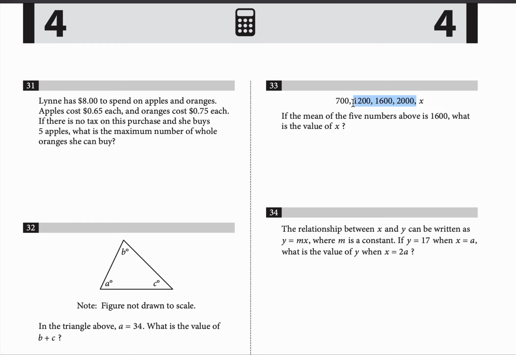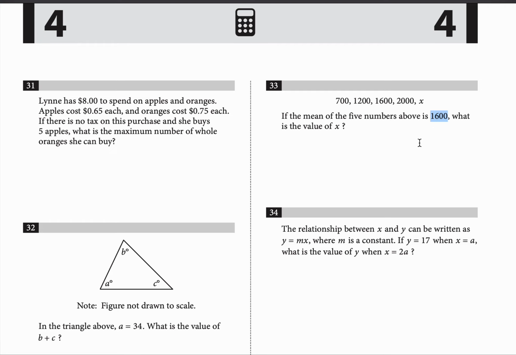So the average of these three numbers is 1600. And now I have two more numbers, and I need them to also average to 1600. So then this is 900 less than 1600, and so we need to make up for that. So then it's 2500.